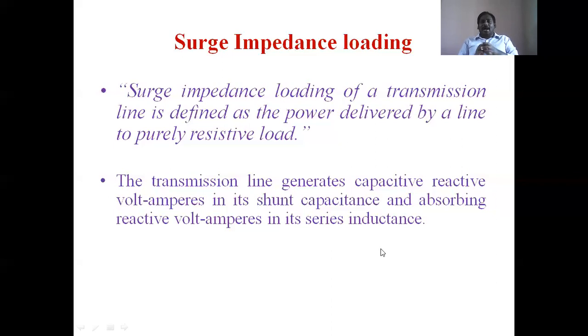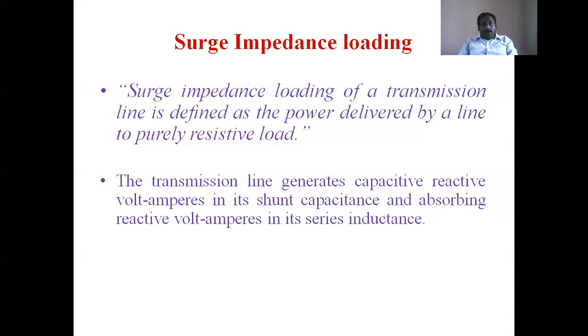That absorbed power of series inductance is called reactive volt amperes. What type of reactive volt amperes? Lagging reactive volt amperes. Capacitor generating power is called leading reactive volt amperes. Inductor absorbing power is called lagging reactive volt amperes.